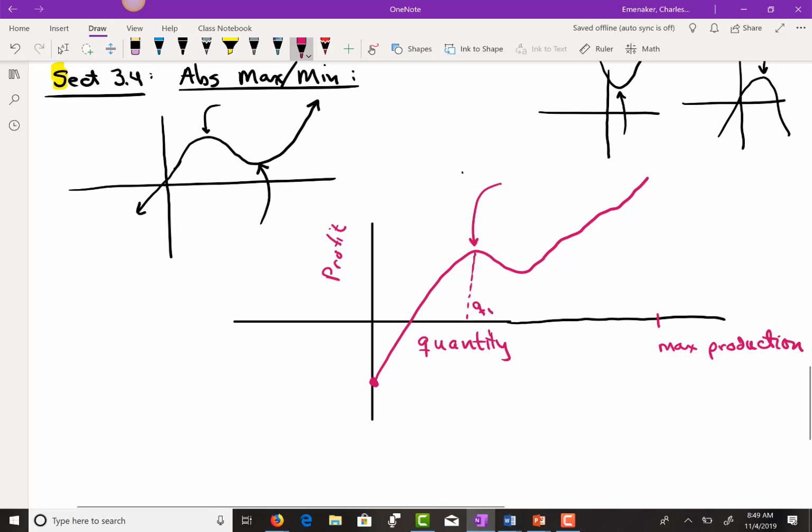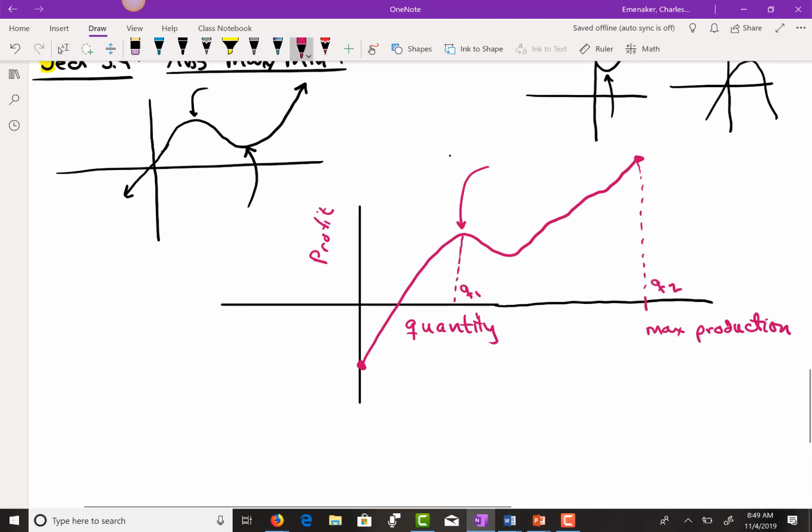The other place where a maximum can occur is at the end point, the end point being our maximum production. We'll call this Q sub 2. It's a limit. Another place where our maximum profit could be is right here. It's the other endpoint, and we'll cleverly call this Q sub 0.